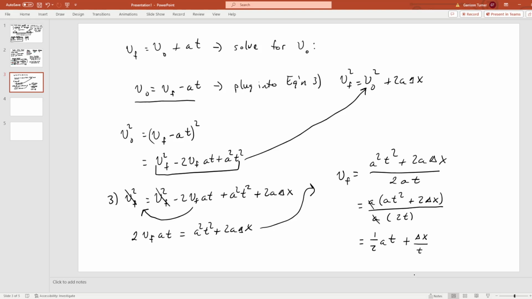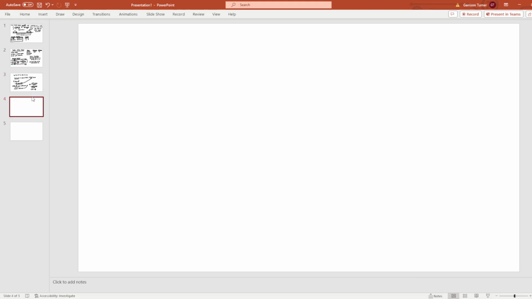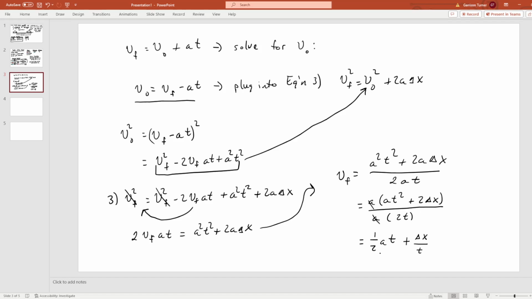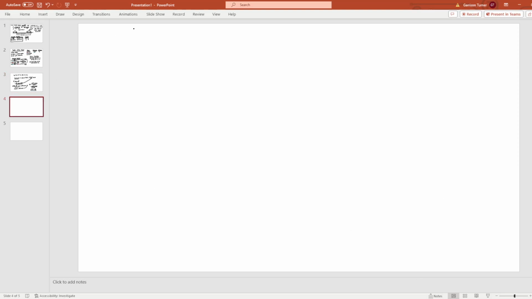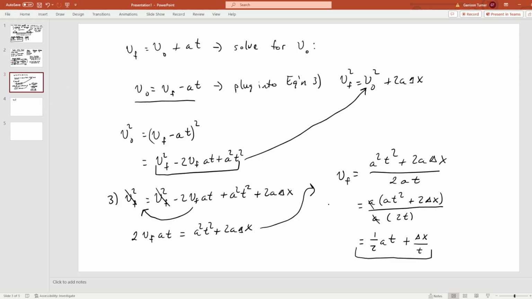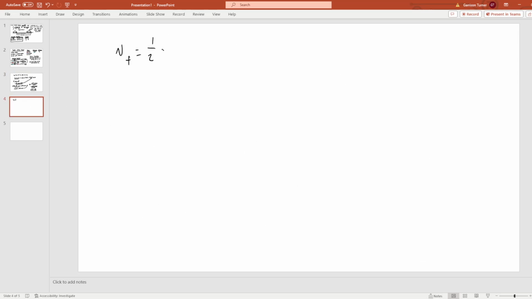So now it's plug and chug. And actually, before we go on, I want to make sure I have it memorized. So VF is equal to 1/2 AT plus delta x over t.